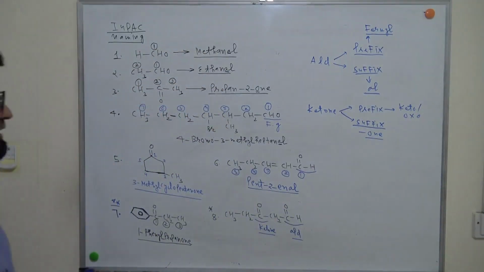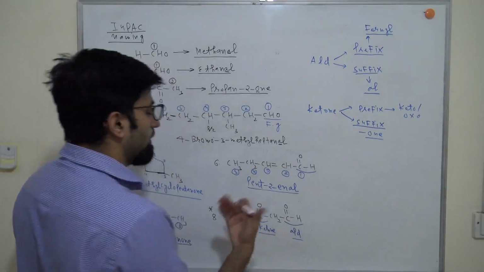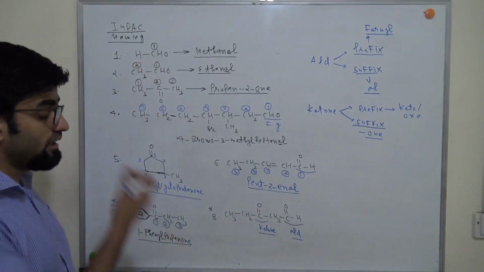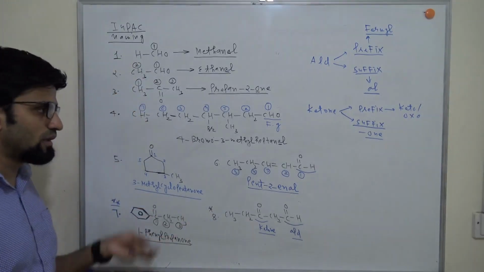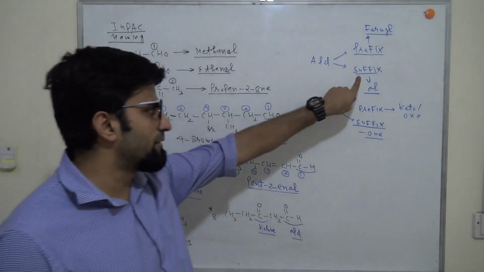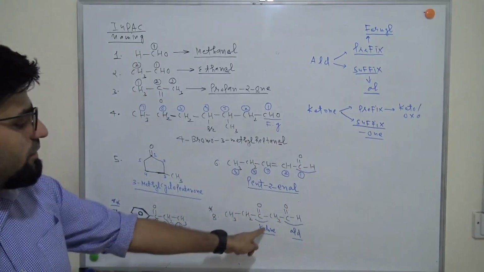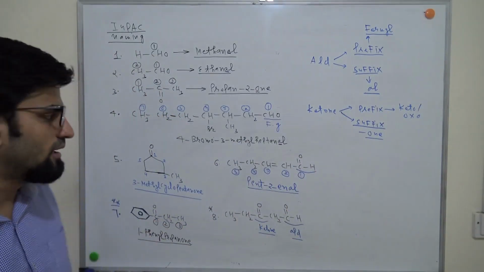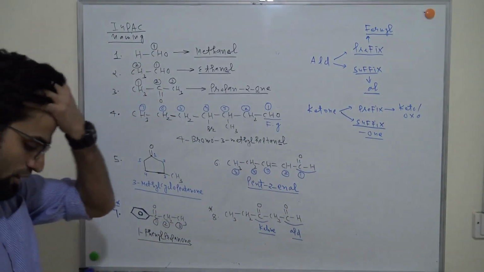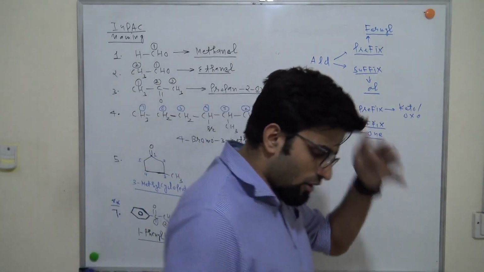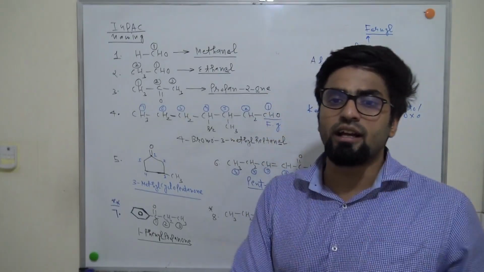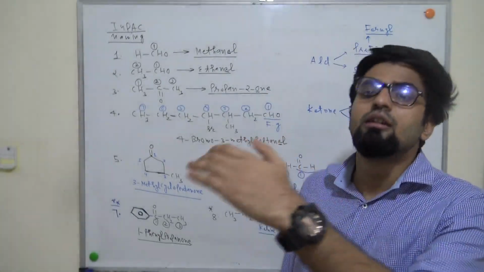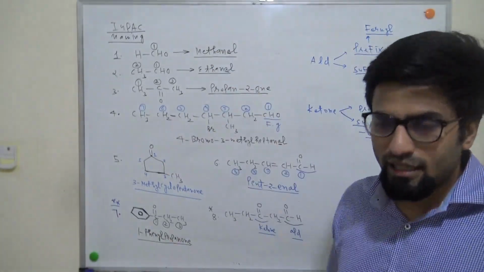Now whenever two functional groups are present, you have to decide which one is your senior functional group and which one is your junior functional group. The one which is senior, we will use the suffix for it, and the one which is junior, we will use the prefix for it. So how do we decide that? If you remember from class 11, there is a table given by IUPAC according to priority.